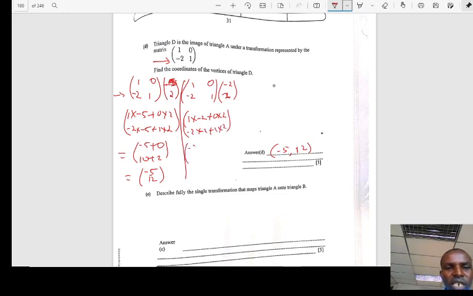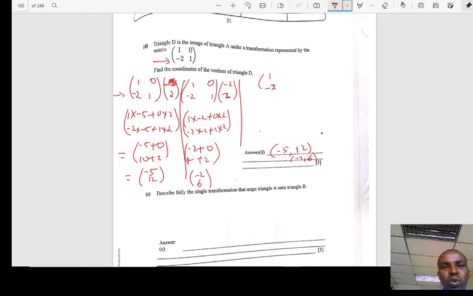Simplifying, you get minus 2 plus 0 over 4 plus 2, which is minus 2, 6. That's the other one.